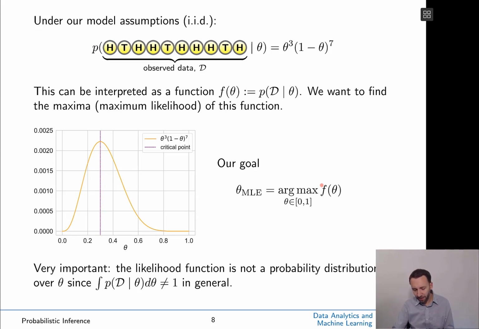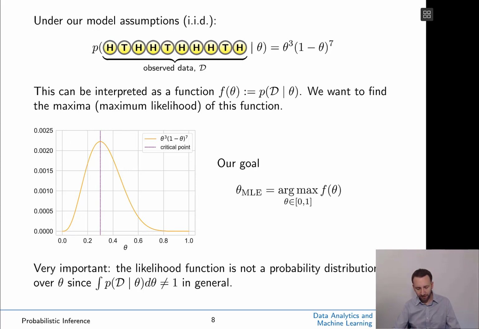This technically is the maximum likelihood estimate, the parameter which maximizes the likelihood. As you see in this plot, and not surprisingly, it corresponds to 0.3, the number of tails divided by the overall number of observations. 0.3 leads to the highest likelihood. So this is the core idea of the maximum likelihood estimate.